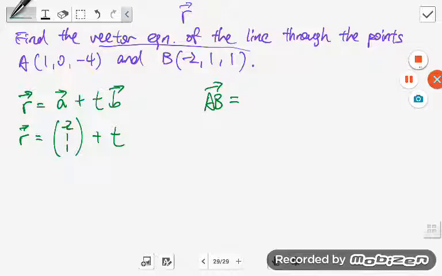Because my line passes through point A and it also passes through point B. So if I have a vector coming from point A to point B, that will give me the direction of my line, right? This is a direction vector, which is also parallel to the line itself, correct?